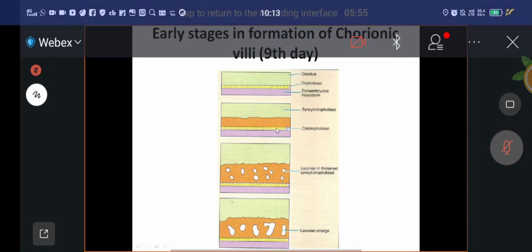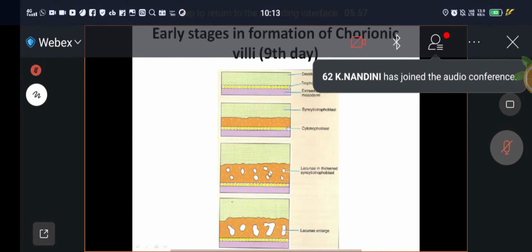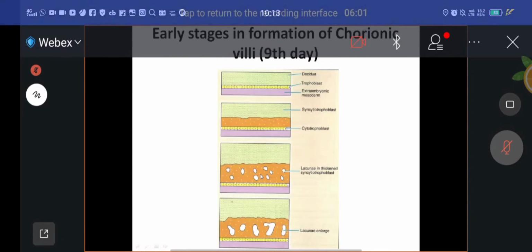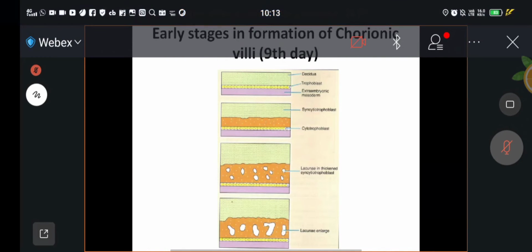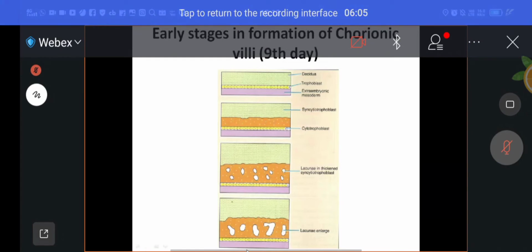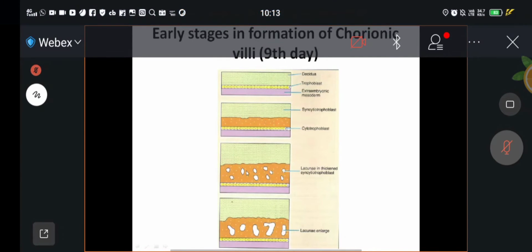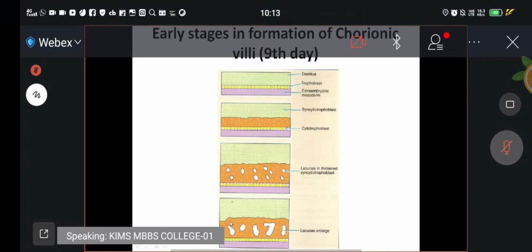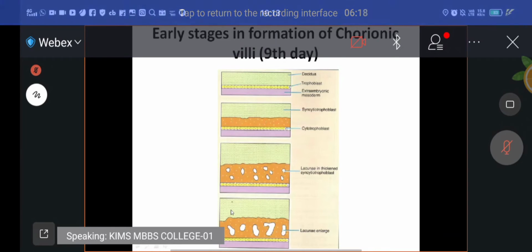Now, in this syncytiotrophoblast, small lacunar spaces will be seen. These small lacunar spaces are hollow spaces. They unite to form bigger lacunar spaces. In this last diagram, you can see all these small lacunar spaces united to form bigger lacunar spaces. And as they are growing, they invade this decidua.